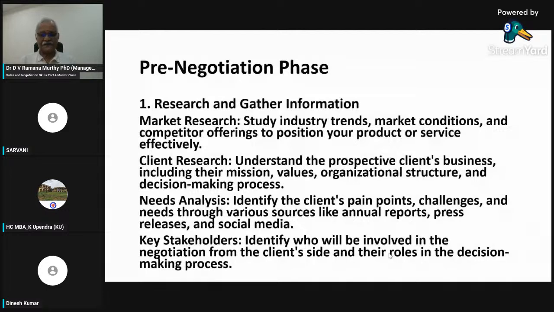You need to understand from the client side who is coming and what their roles are, whether they are good enough in taking decisions and all that. Because it can be a two-step process: somebody else participates in the negotiation, and the ultimate negotiation on commercials takes place in the next step. So this must be clearly understood, and based on this you need to focus on your sales arguments.